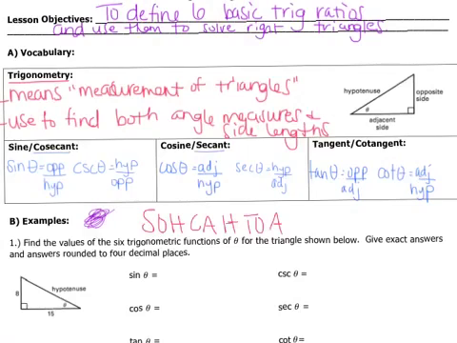So if you know your basic 3 trig ratios and you know what pairs up together, so as long as you know, for instance, that cosecant is the reciprocal of sine, just flip those. If you know that secant is the reciprocal of cosine, just flip those, and so on for cotangent.